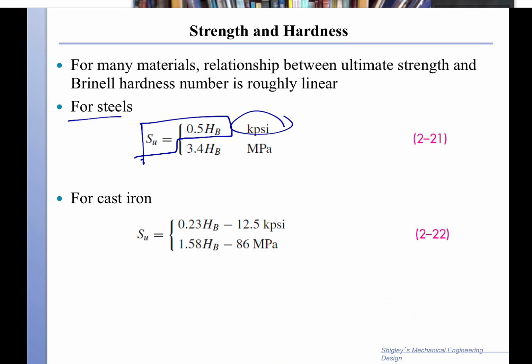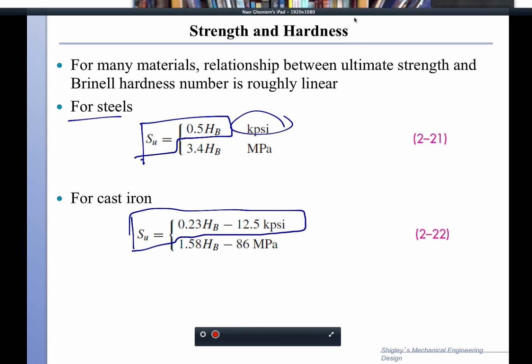Very simple. For cast iron, the ultimate is equal to 0.23 of the Brinell minus 12.5. So these are practical correlations that have been developed over the years, and they are used in the steel industry. Let's see a practical application of this method.